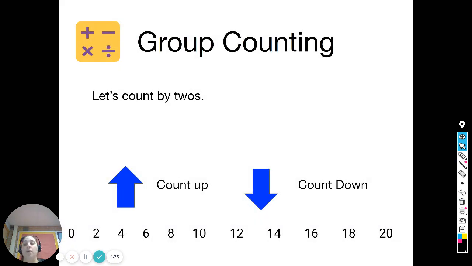Okay, now we're to our group counting. So remember, we're going to count all the way up and all the way down. When I point up, you're going to start with 2.